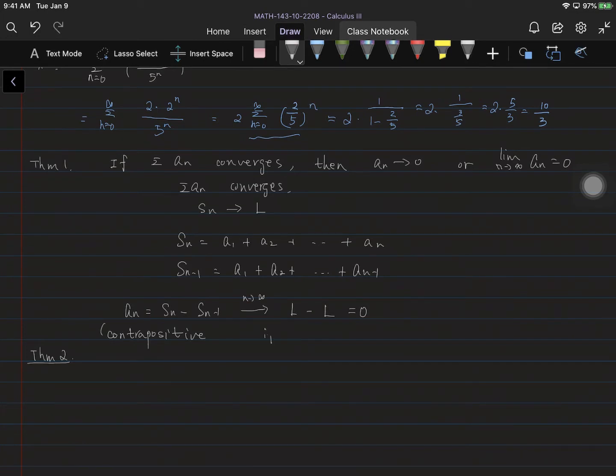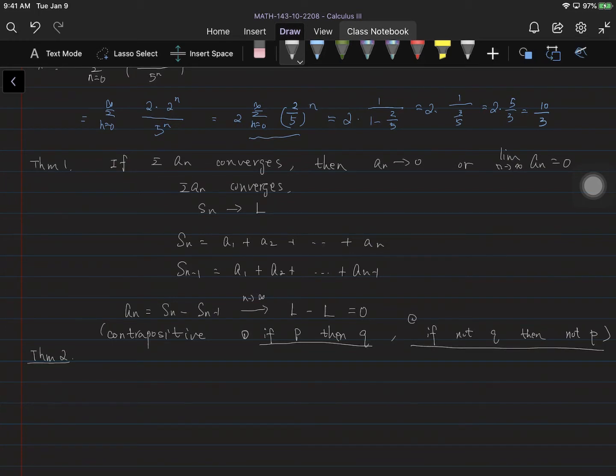If P then Q, then the contrapositive means if not Q, then not P, right? So here we have two statements. If P, then Q. The second, which is the contrapositive of the first one, if not Q, then not P.